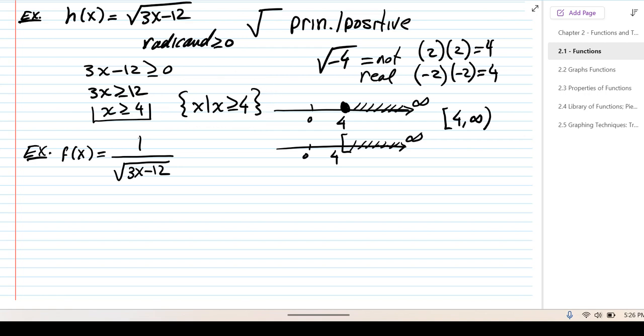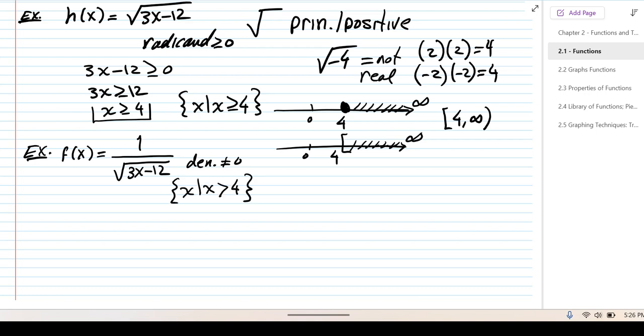Except now, because this is a fraction, remember, the denominator cannot be 0. Therefore, when x is 4, we get exactly 0, don't we? 3 times 4 is 12, minus 12 is 0. So the domain of this one is going to be all x such that x is greater than 4.